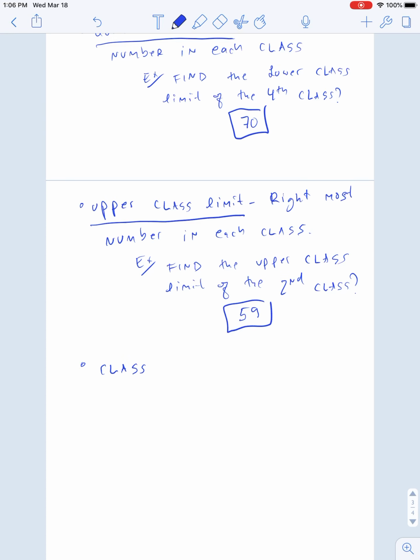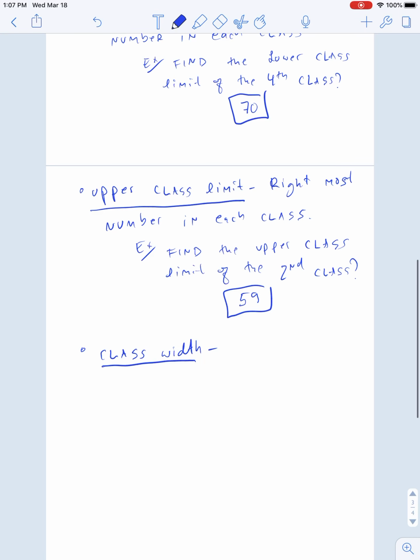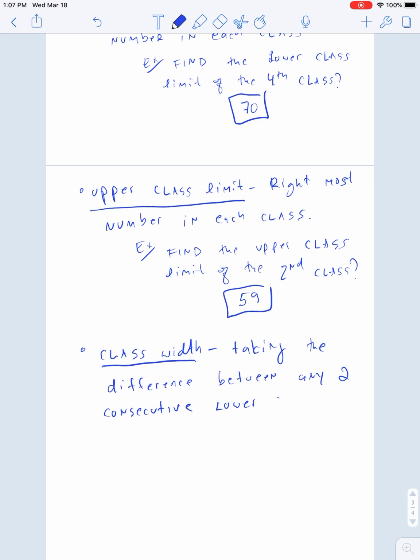And our last term would be class width, which is found by taking the difference between any two consecutive lower class limits.